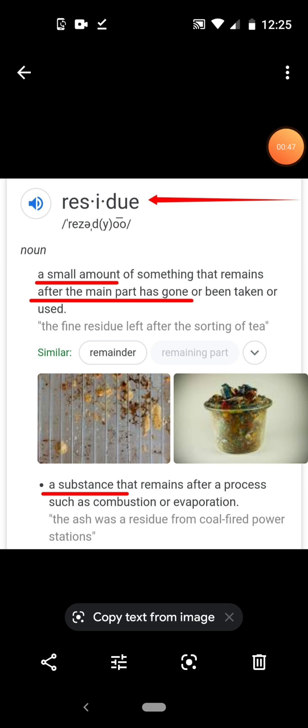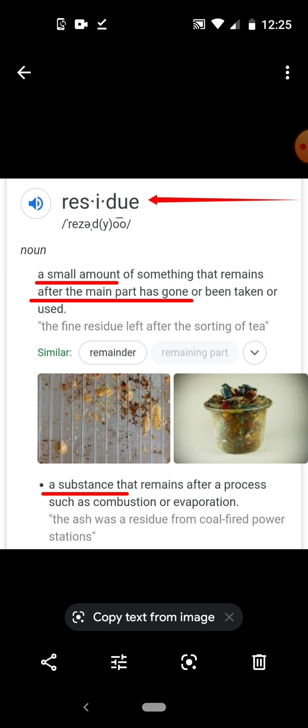Now, if we look up the word residue, remember we're dealing with a noun here. A small amount of something that remains after the main part has gone, or been taken or used. Also, a substance that remains after a process such as combustion or evaporation.